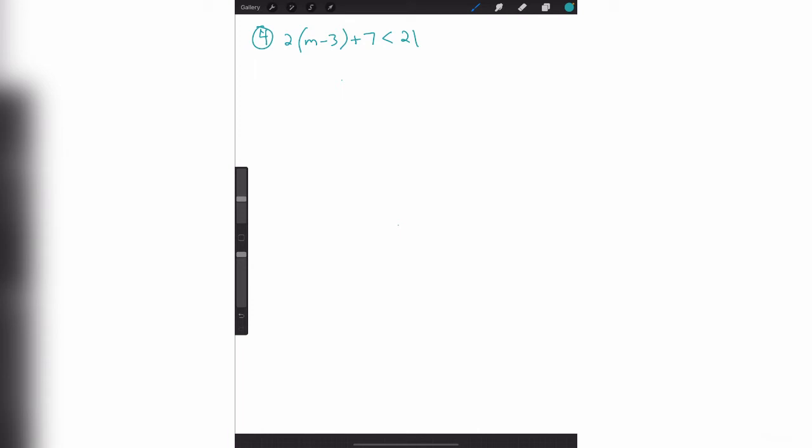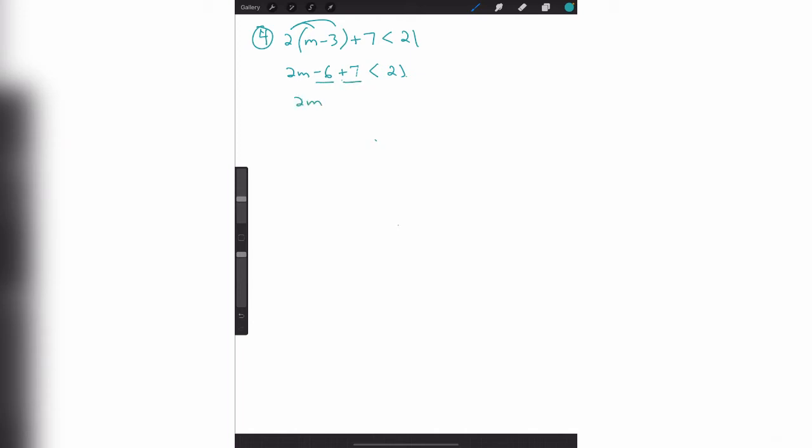Okay, so just like we would with a normal equation, we're going to work through this. First I want to use the distributive property and multiply each. So 2 times m is 2m. 2 times -3 is -6. Bring down my adding 7 is less than 21. Okay? And then I'm going to go ahead and combine these two terms.